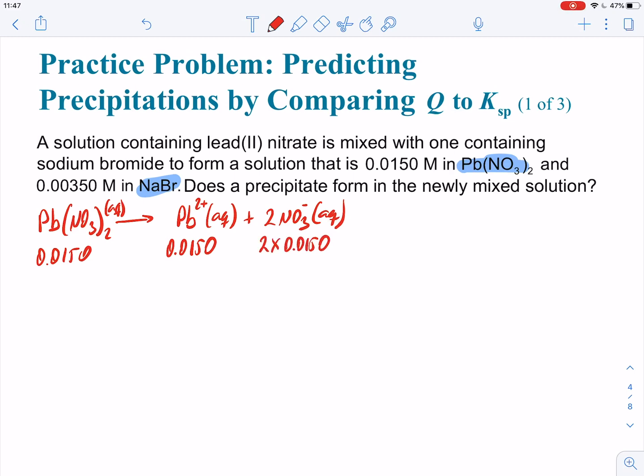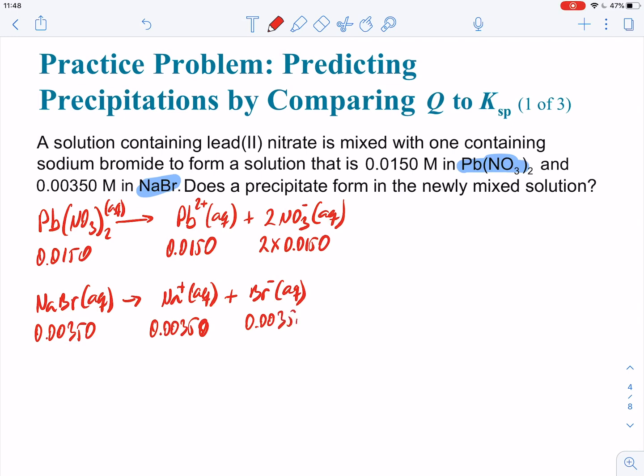If we look at sodium bromide, then sodium bromide in water will give you sodium ions and bromide. The concentration of sodium bromide is 0.00350, which means the concentration of each of sodium and bromide is also 0.00350.